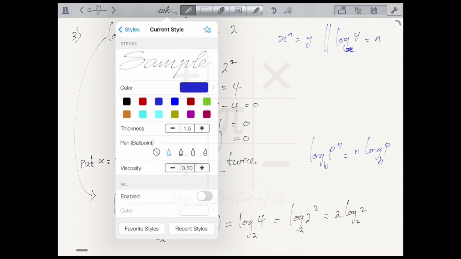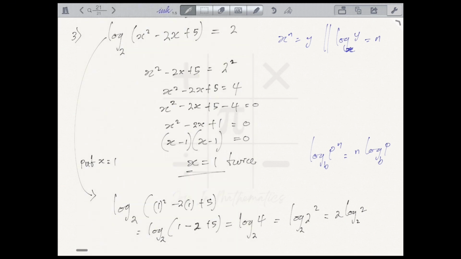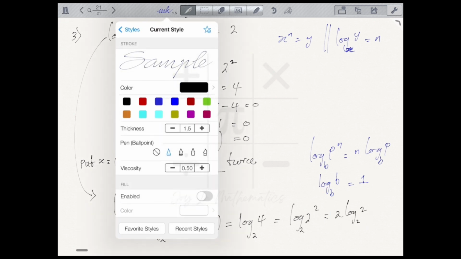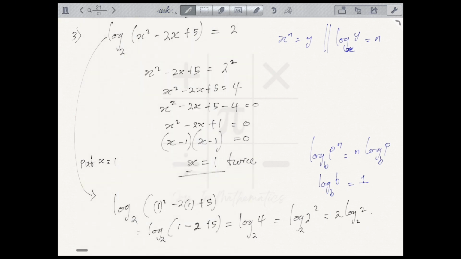Now, remember that log of a number to the same base is equal to 1. Therefore, log 2 to base 2 is equal to 1. So this is equal to 2 into 1, which is equal to what? 2. So 2 equals 2, confirmed.